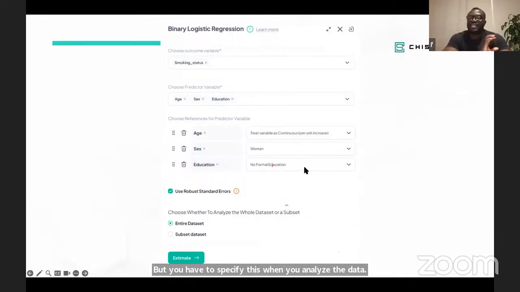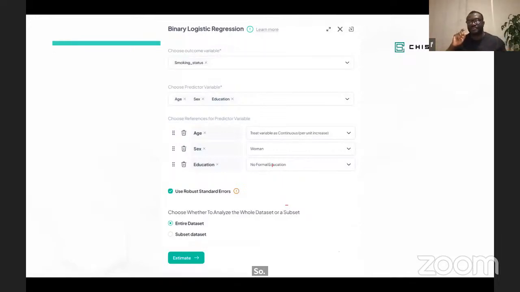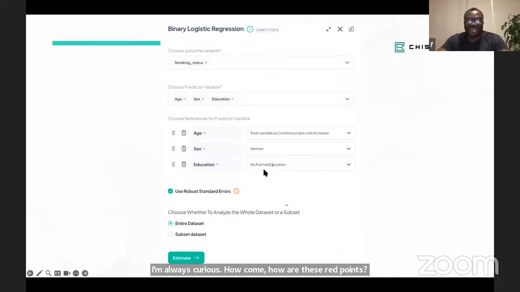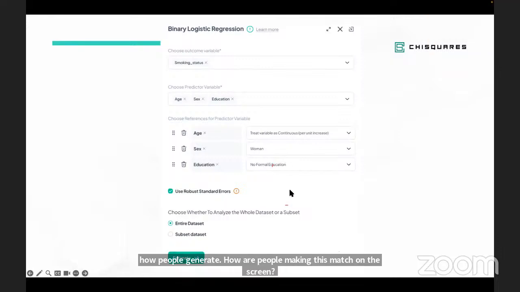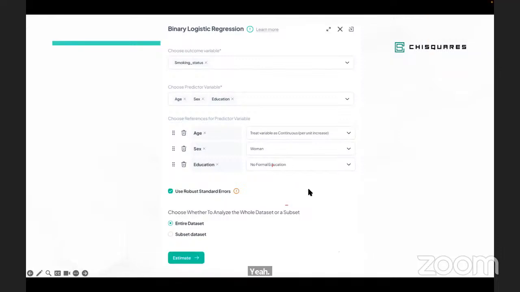So let's now take the three. I'm always curious, how are these red points generated? How are these things generated? Like, Lungile, do you know? These red markings, I'm always wondering how people make those marks on the screen. Yeah, I asked Semi. I saw who it was today, luckily, and I asked Semi to erase them.